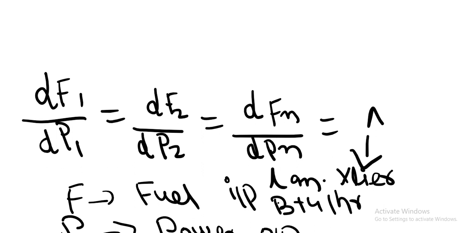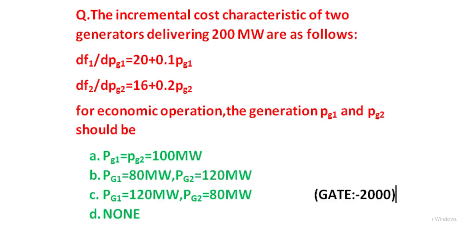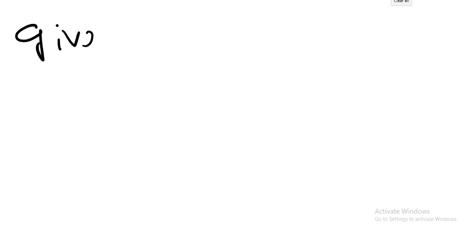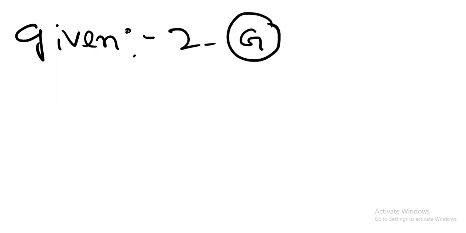Now we'll start with the numerical. This numerical has been asked in an exam. Given: there are two generators. Demand load is 200 megawatt.